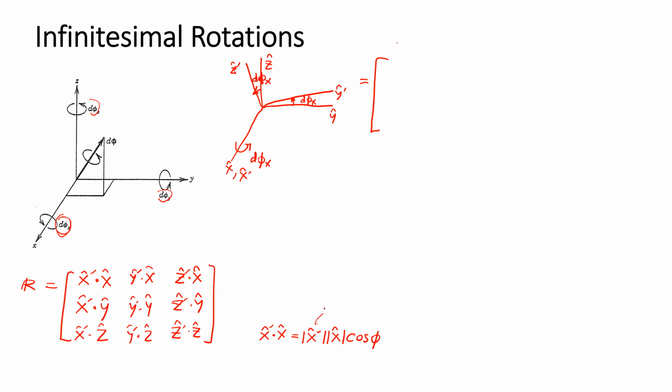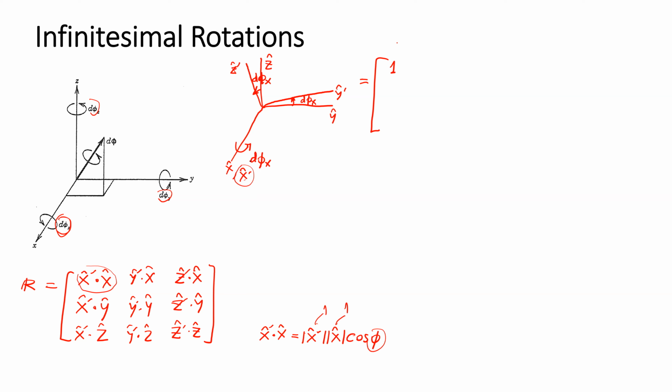The magnitude of a unit vector equals 1. They have the same direction, so cosine 0 equals 1.